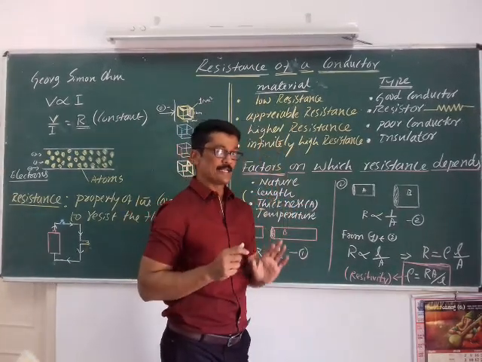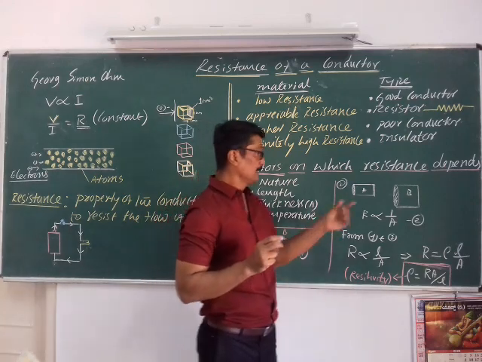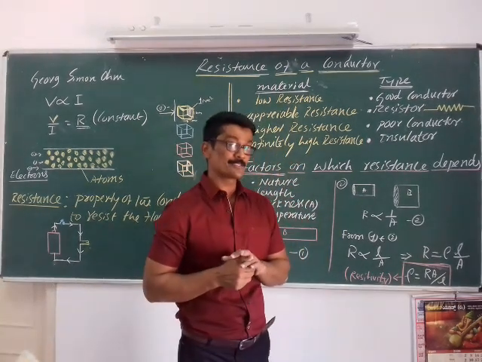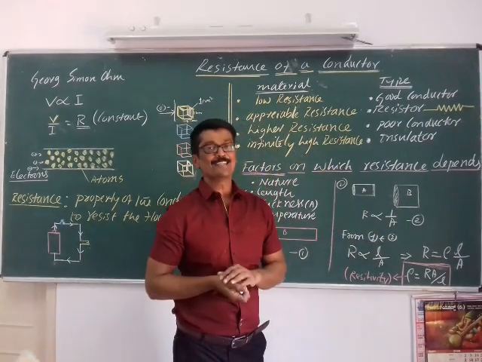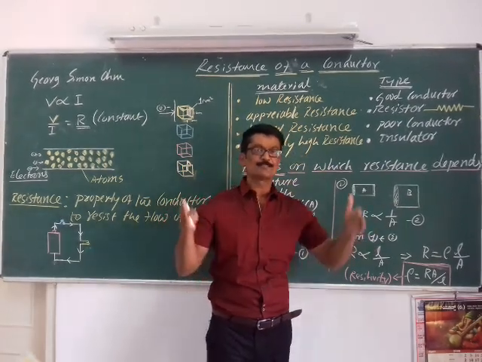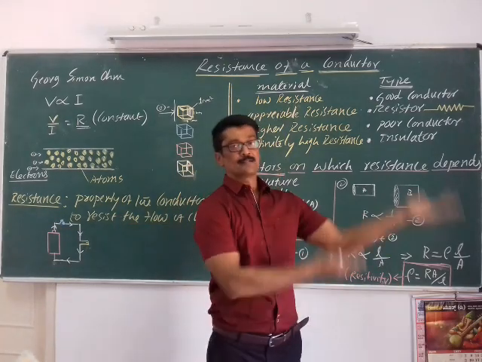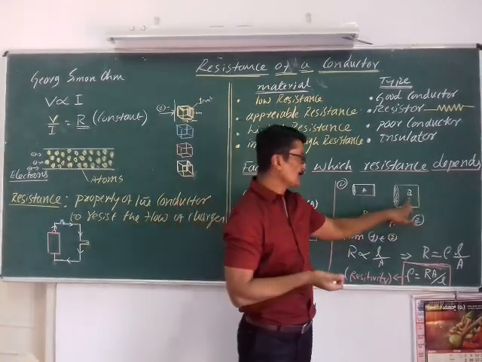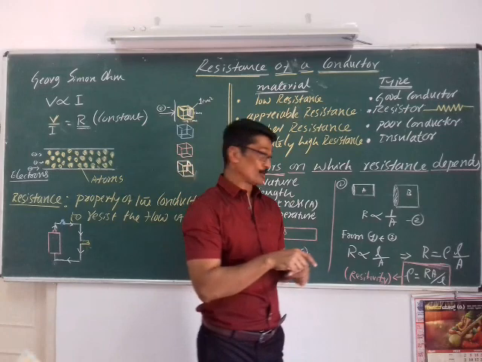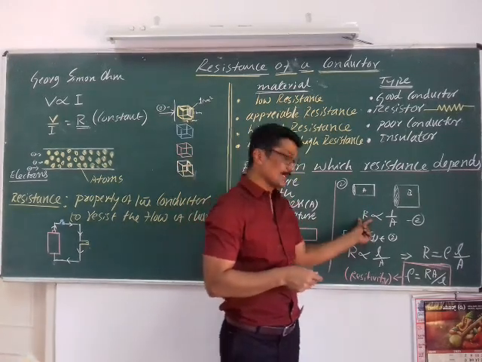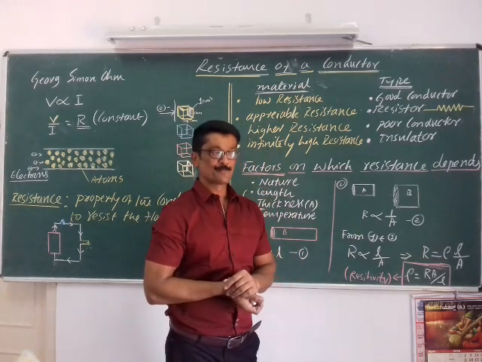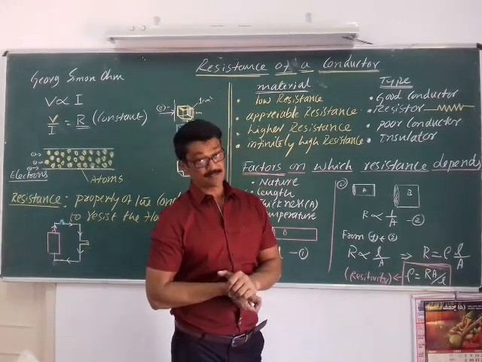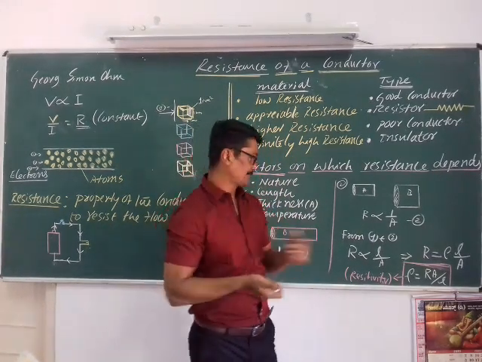Students, here also you can say in which material electrons can flow easily. In B, the electrons can flow easily because the available space is more. Electrons move easily through B. So we can conclude that resistance of a conductor is inversely proportional to its area of cross section or thickness.